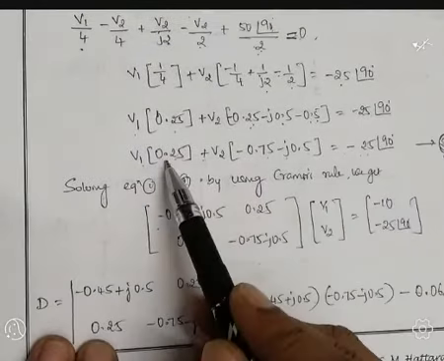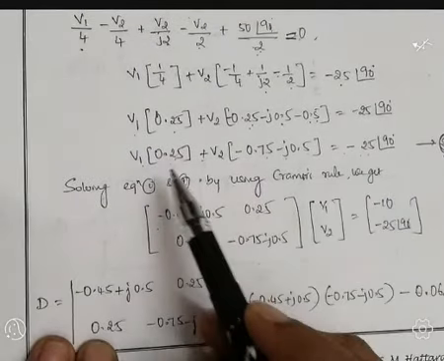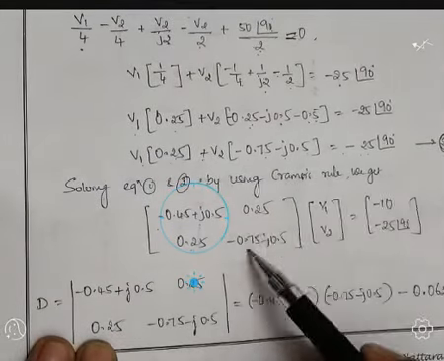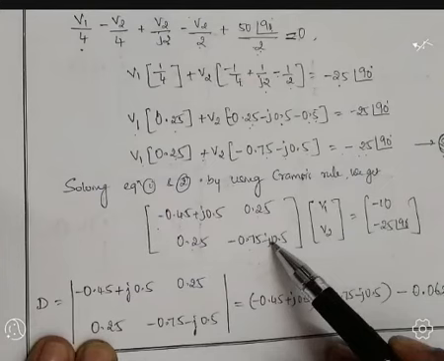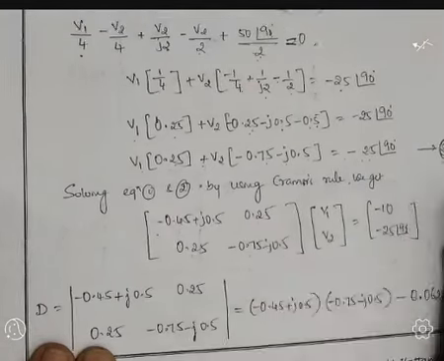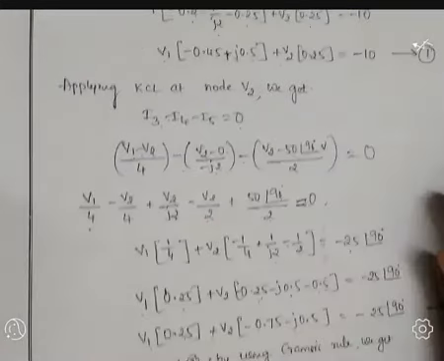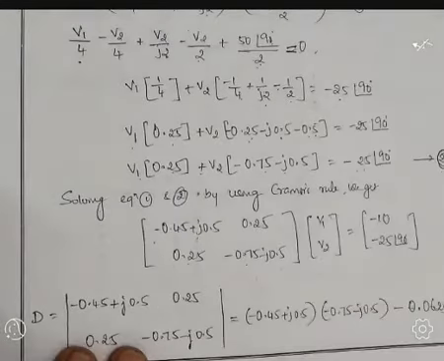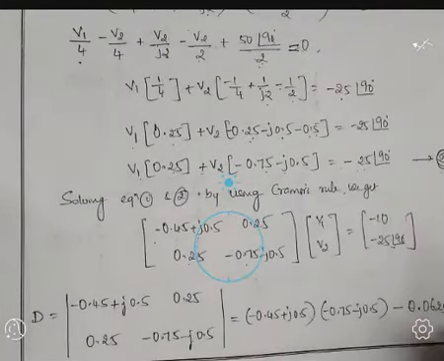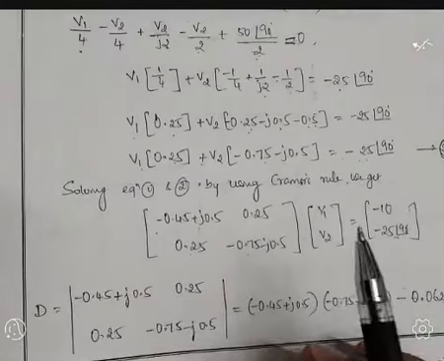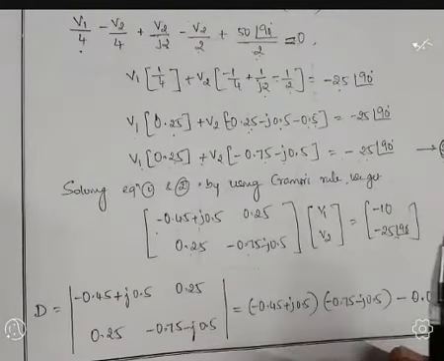Coefficient of V1 is 0.25. The coefficient of V2 is minus 0.75 minus j 0.5. Constant terms are here. The first equation has the constant minus 10, and the second equation has the constant minus 25 of angle 90 degree. So this indicates I represented equation 1 and equation 2 in matrix form.